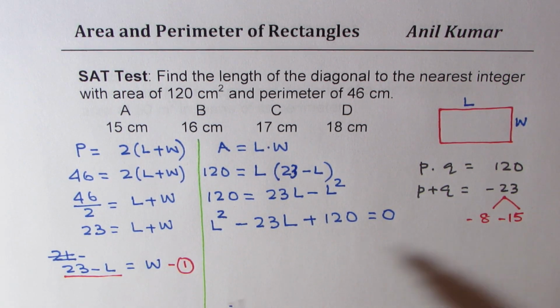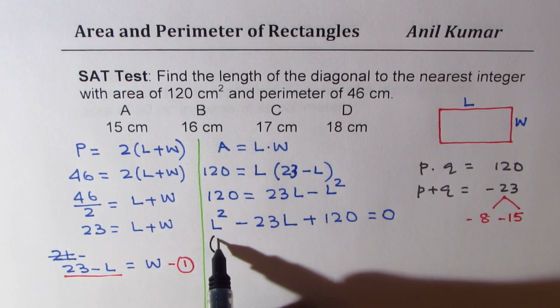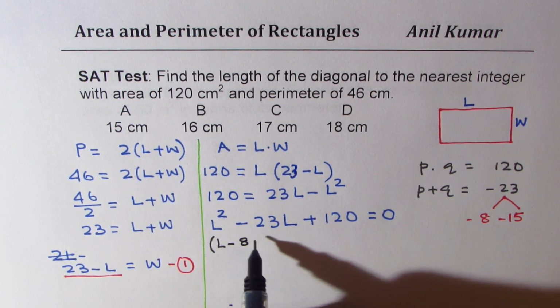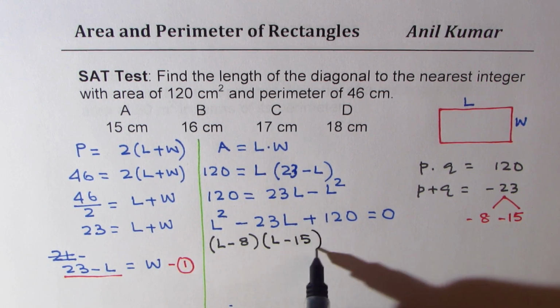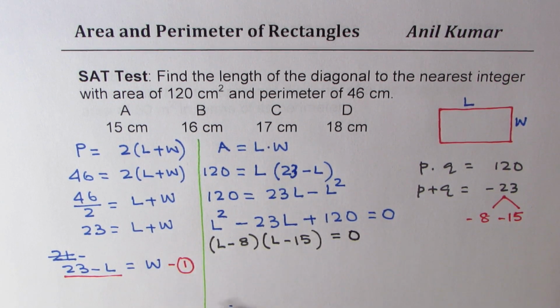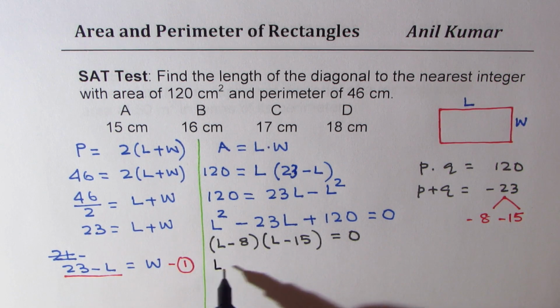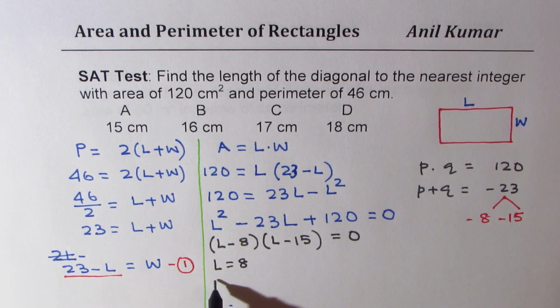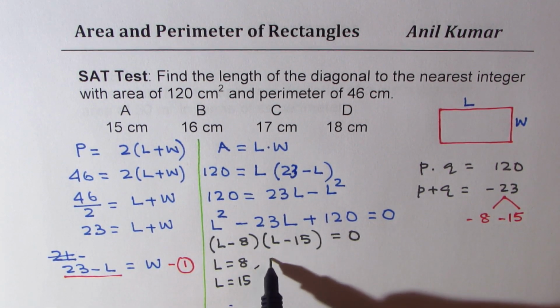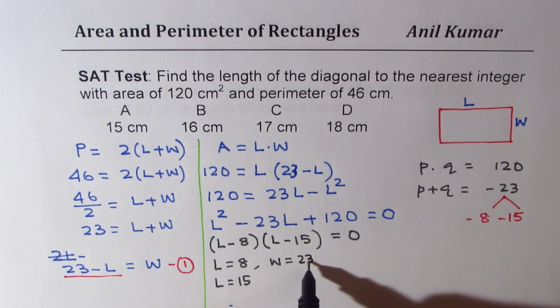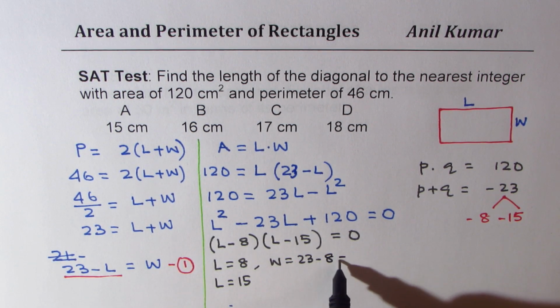So that is the combination, or you could use quadratic formula. Anyway, once you know these, you could easily write this as (length minus 8) times (length minus 15) equals 0. So that gives you two options. Length could be 8 or length could be 15, correct? If I put length as 8, then width will be 23 minus 8, which is 15.